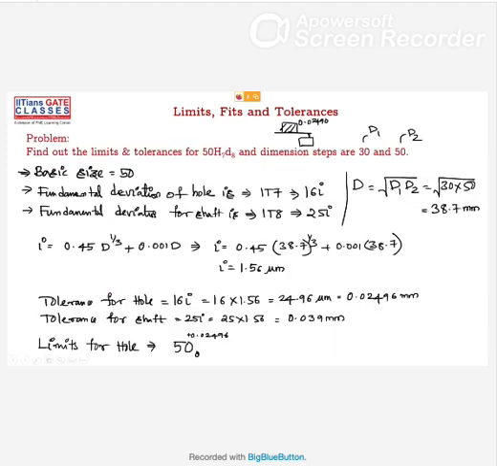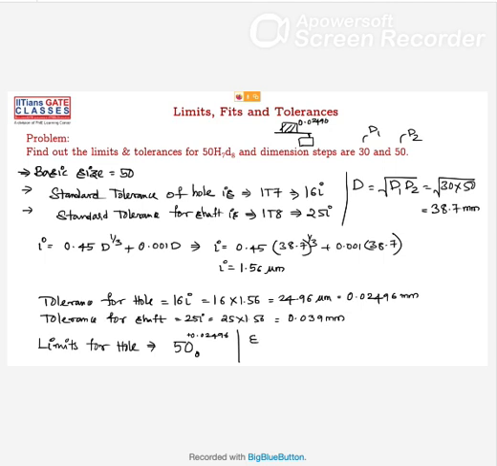Okay, this is not fundamental, this is standard tolerance. Sorry, I also got confused. Fundamental deviation is given by some empirical formula.